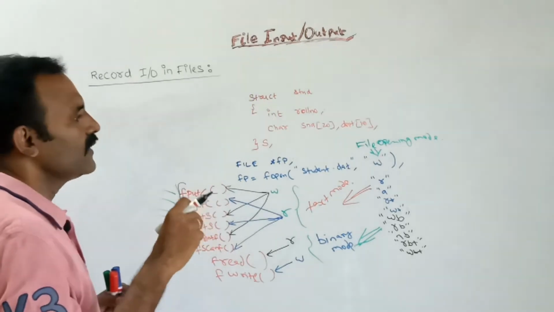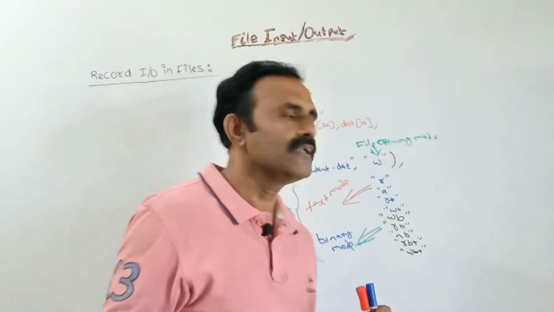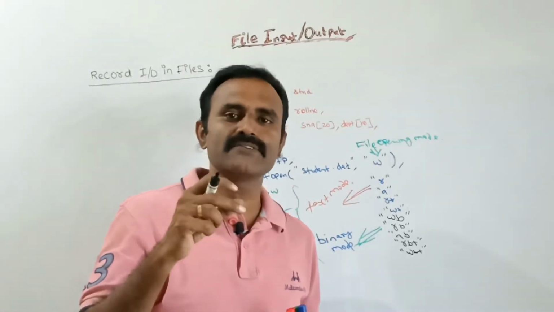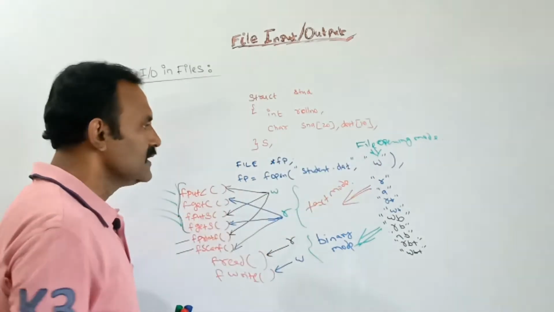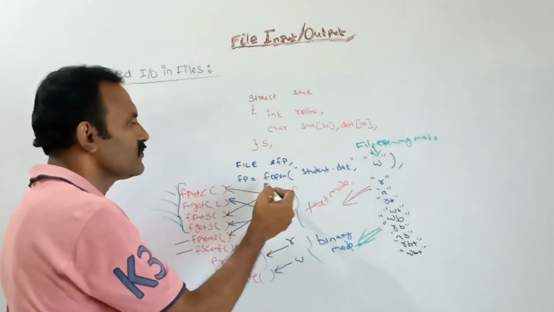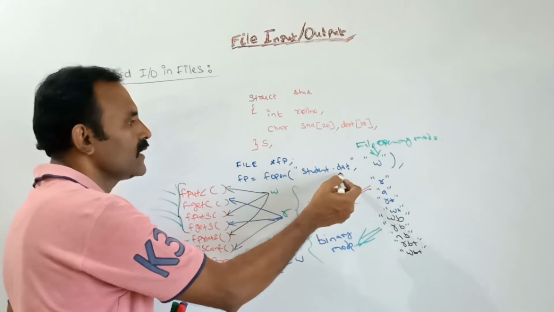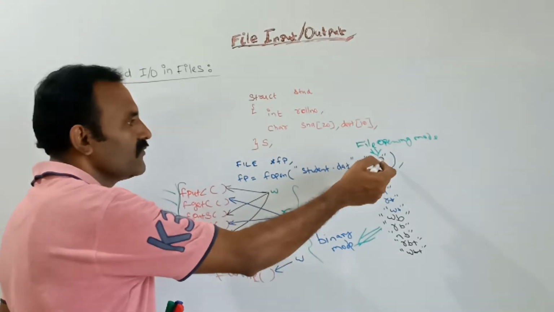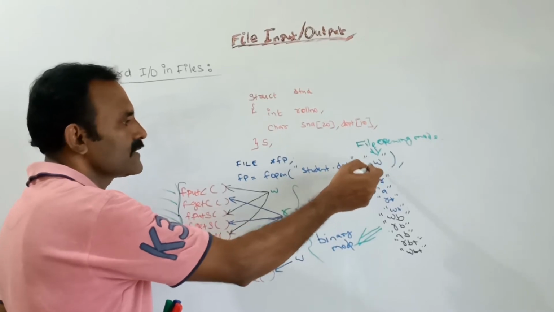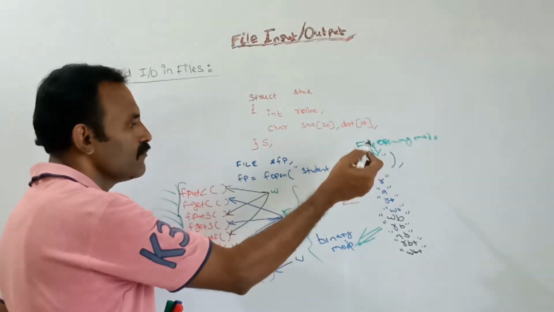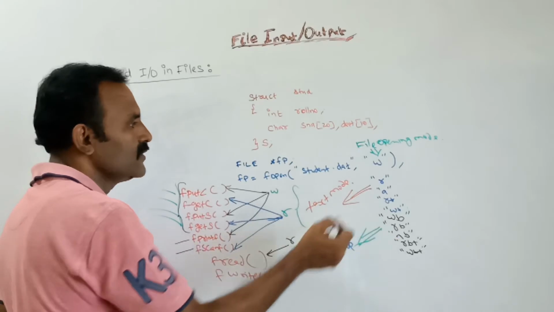If I need to write content to a file, then very first we should open that file and mention the name and the file mode. This is used for opening the file student.dat in text mode. If you simply give w, then that is text mode. If you want to create binary files, then you should use wb.